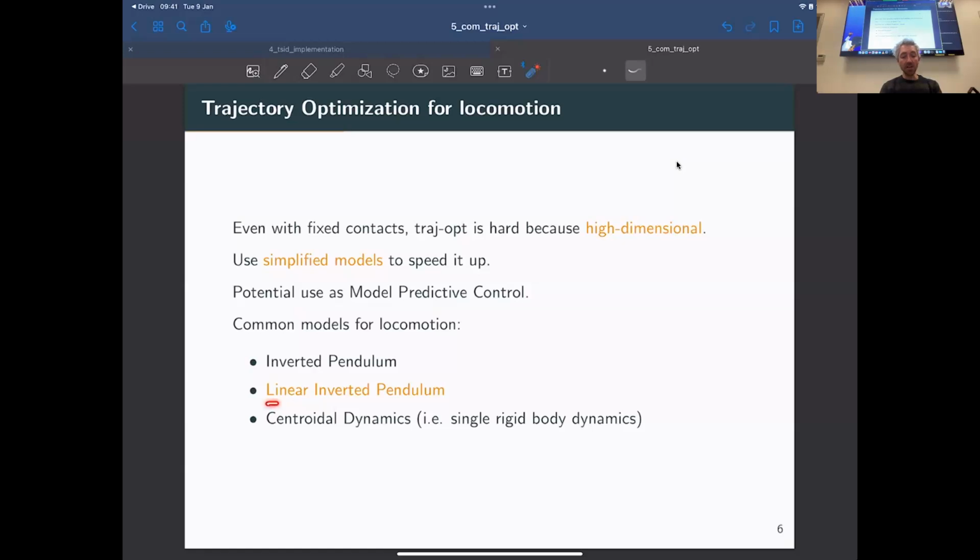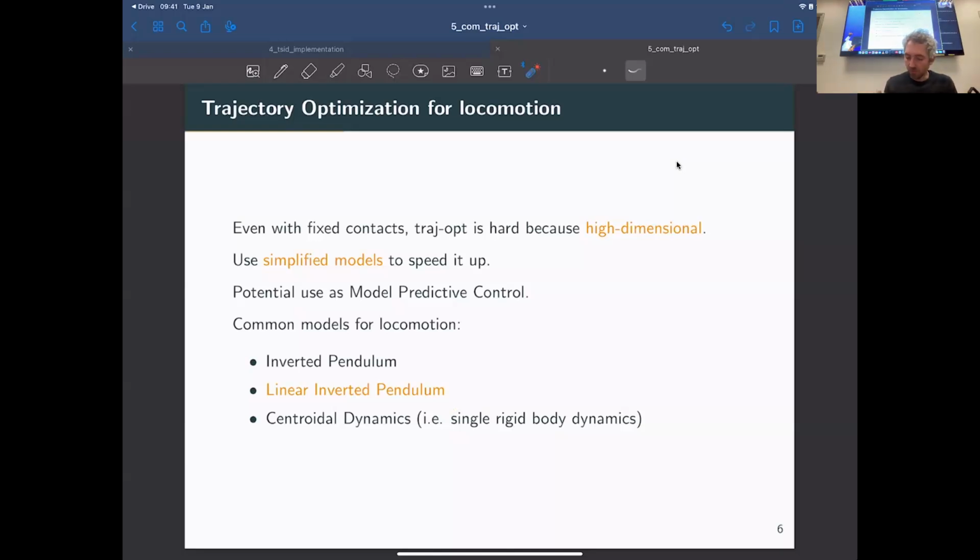There is the linear inverted pendulum, which is just a linearized version of the inverted pendulum. And then you have also the so-called centroidal dynamics model, which basically boils down to simplifying your robot, assuming it is just a single rigid body subject to contact forces. And that is a bit more realistic than the linear inverted pendulum, but falls more or less in the same category of simplified models.